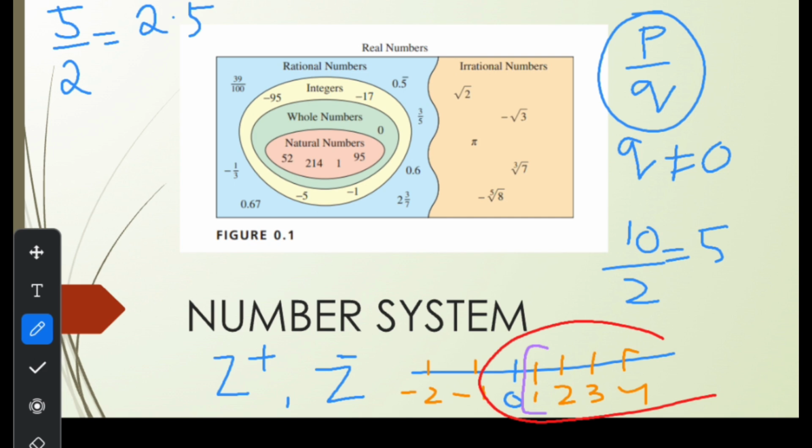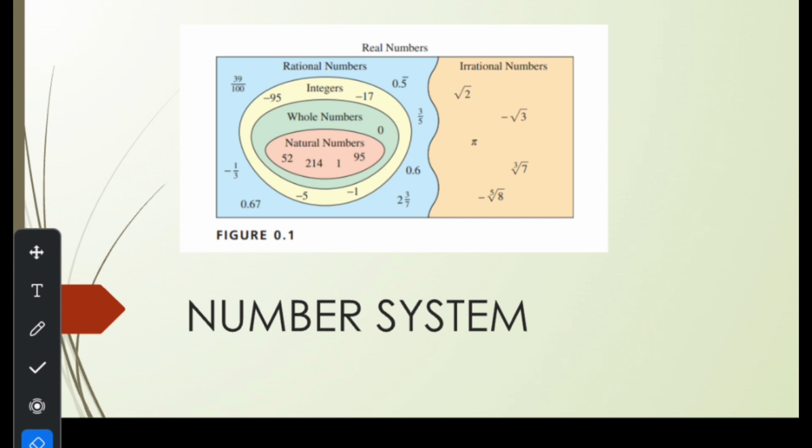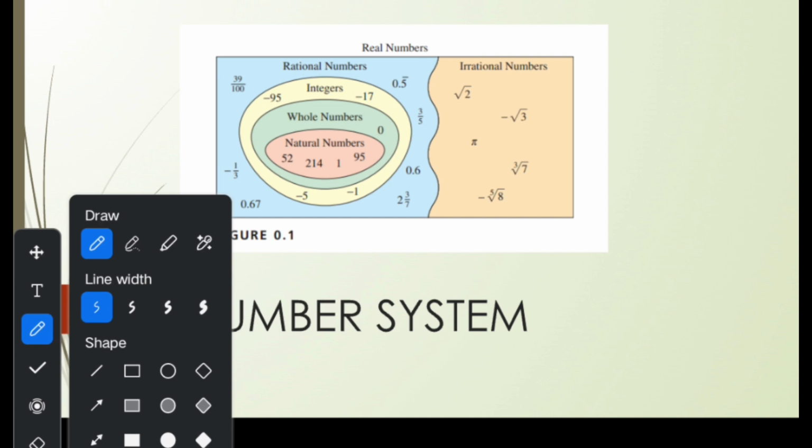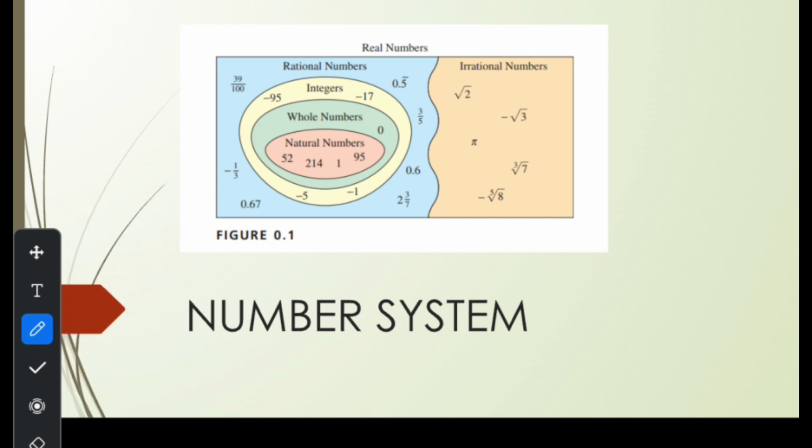Let me explain the non-terminating decimal numbers. For instance, if I'm getting 4 divided by 3, and I divide them using a calculator, I get the answer in this form, where after the decimal the same number is being repeated many times.